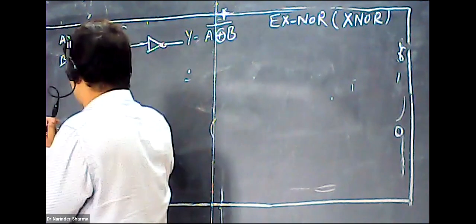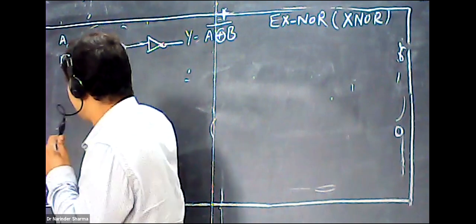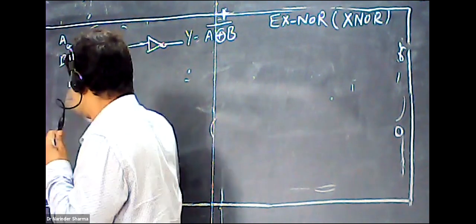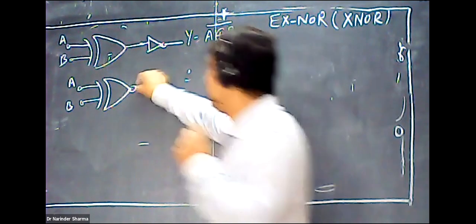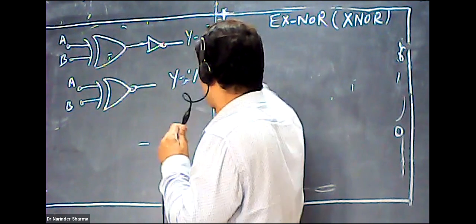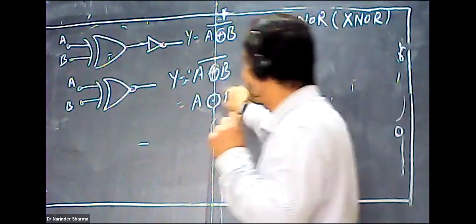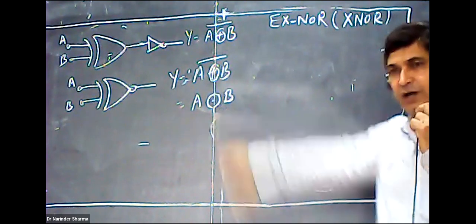Or you can draw the XOR gate symbol with A, B and a bubble there. So Y is equal to A XOR B complemented. Dot encircled is said as XNOR.